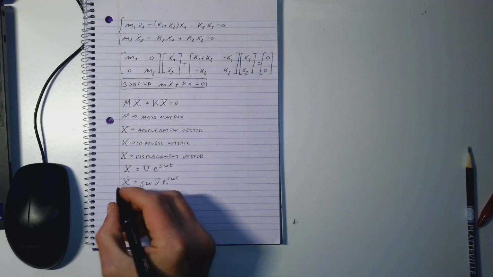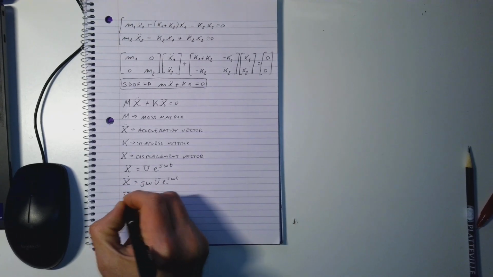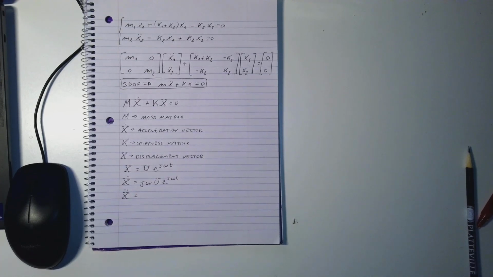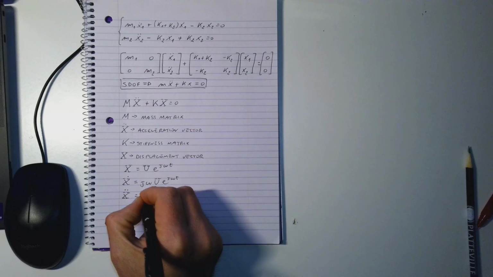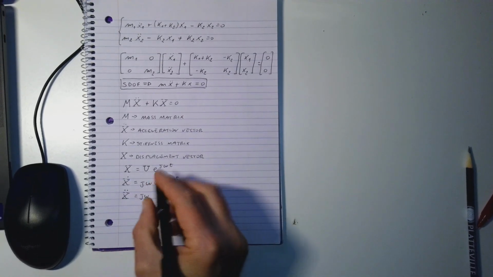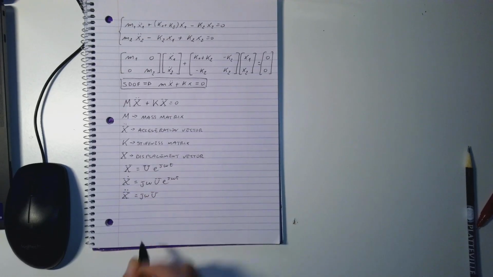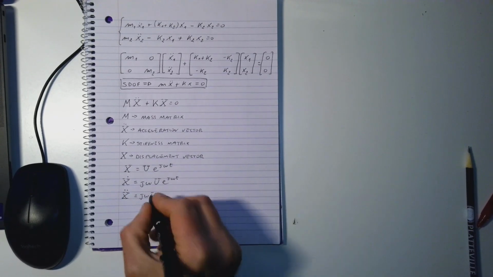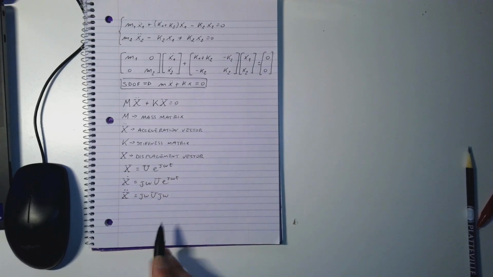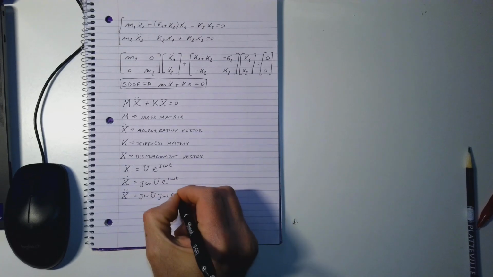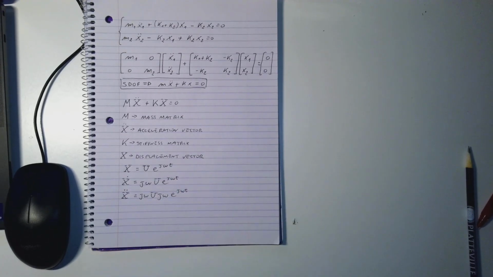We can derive one more time, so that we obtain x double dot. So we derive one more time, we obtain j omega, which is this constant here, times U, which is the other constant. And then we have to derive this one, which means we have again j omega times e to the power of j omega t.